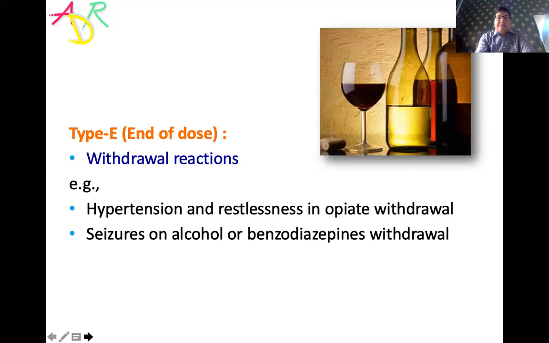Then we have the type E ADRs, which occur with the end of the therapy, or these are certain withdrawal sorts of reactions which occur because of the withdrawal of certain drugs. Like opiate withdrawal leads to hypertension and restlessness, or corticosteroid withdrawal leads to HPA axis suppression, or benzodiazepine withdrawal leads to seizure.